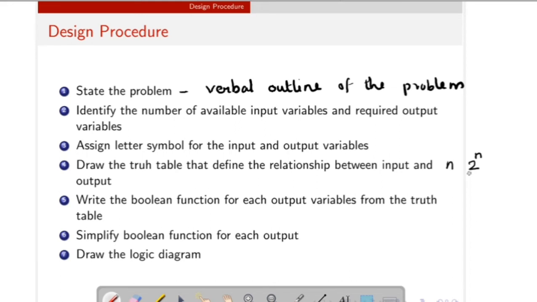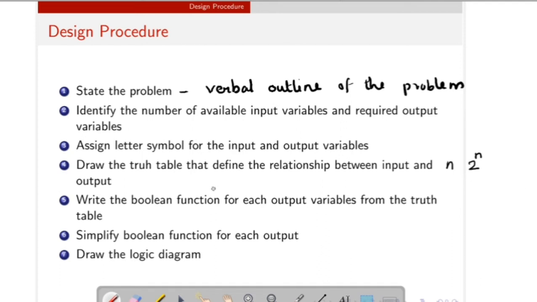For each input combination, the output may be either 0 or 1. That is obtained from the statement of the problem. So thoroughly examine the statement of the problem and find out the output for each input combination. Okay, but in some cases, some input combinations are not used. So those input combinations are considered as don't care conditions.